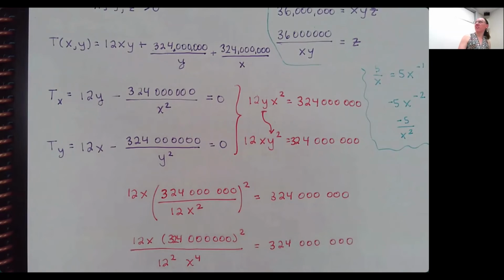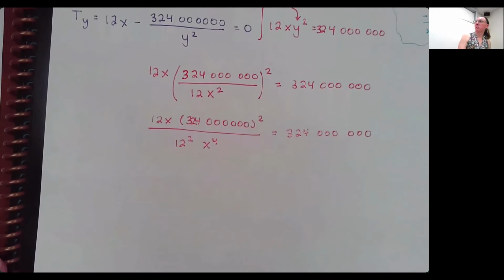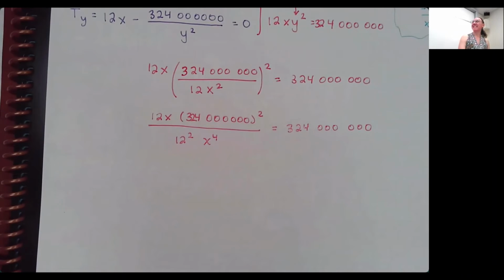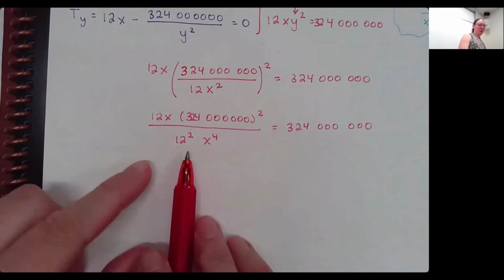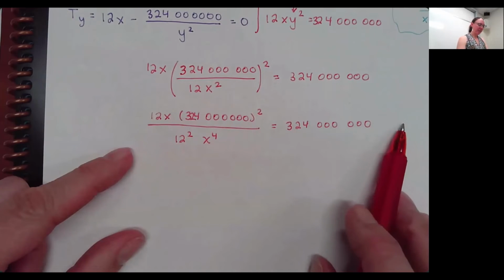Now, part of the reason that I wasn't simplifying some of those numbers is just because I can see that some things will cancel out. So I can certainly divide both sides by 324 million at the moment, if we wanted, or I can multiply both sides.